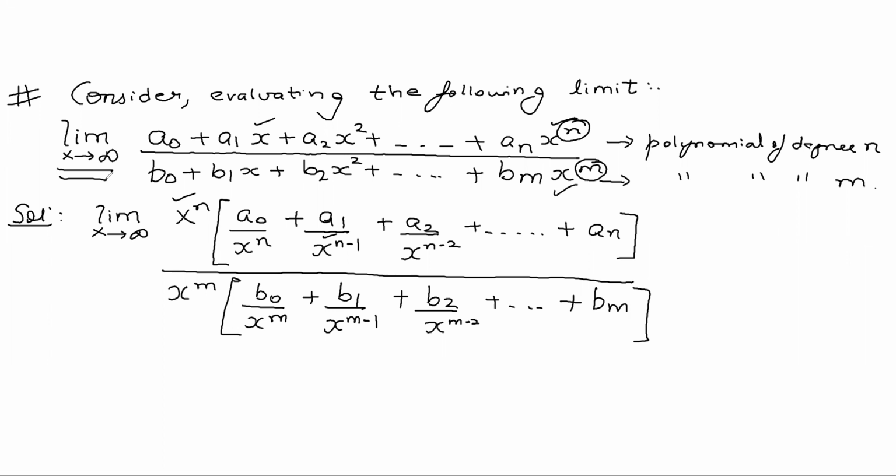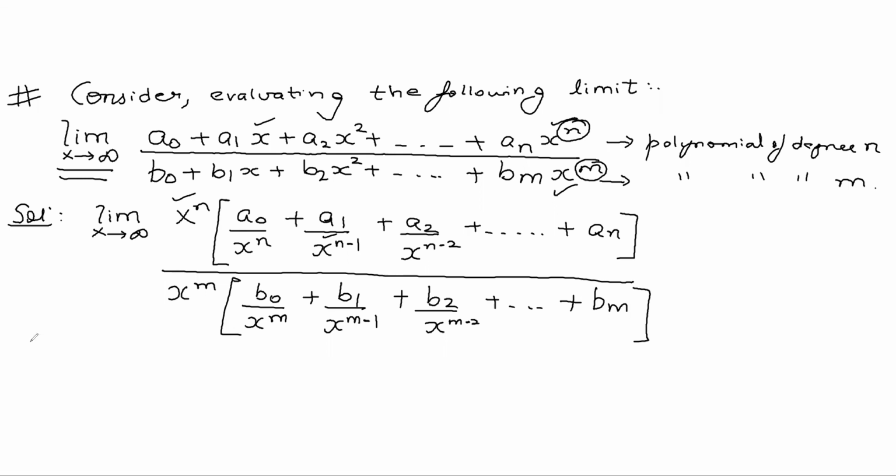So I am exactly following what I had mentioned. This is the procedure we use to evaluate the limit. In the numerator, x to the power n is the highest degree, so you take x to the power n common. In the denominator, m is the highest degree, so you take x to the power m common. Inside you are left with this.